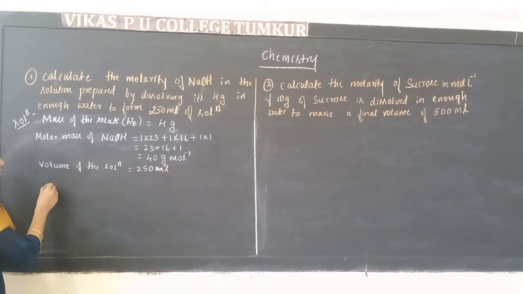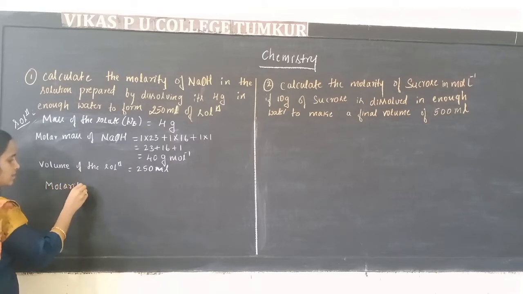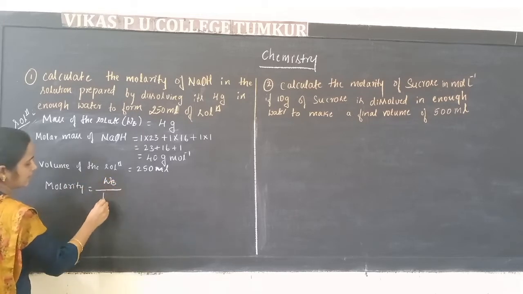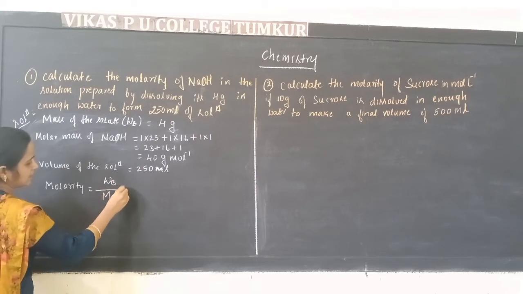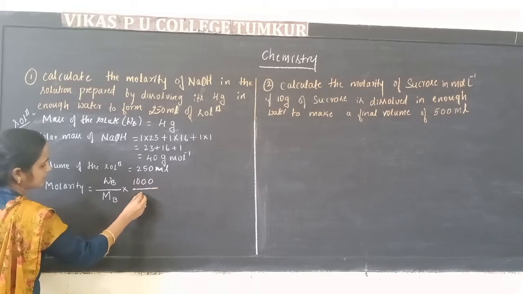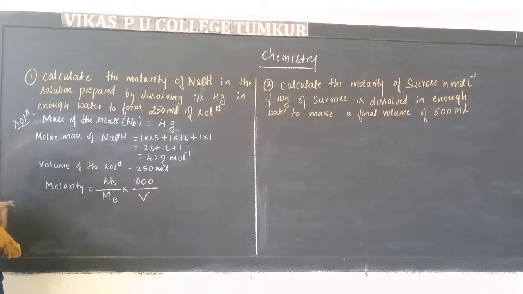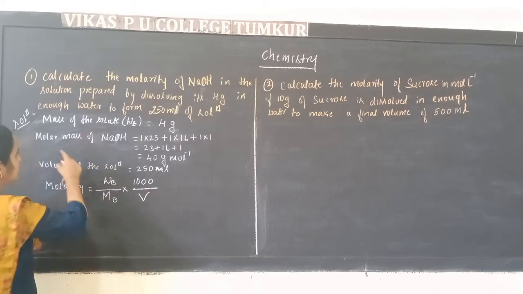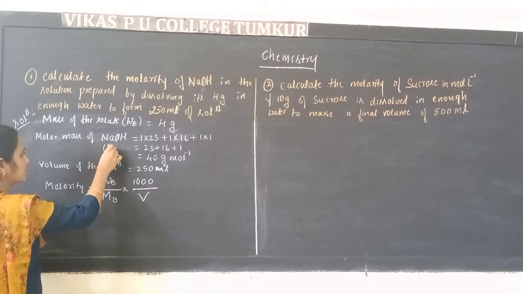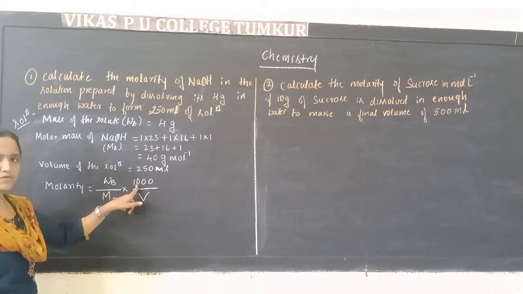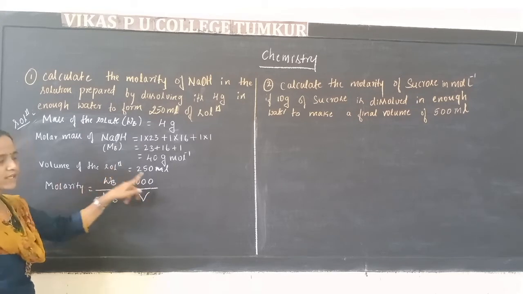The formula used to find the molarity is equal to WB divided by MB into 1000 divided by V. Here WB is the mass of the solute, MB is the molar mass of NaOH, the solute, and V is the volume of the solution.